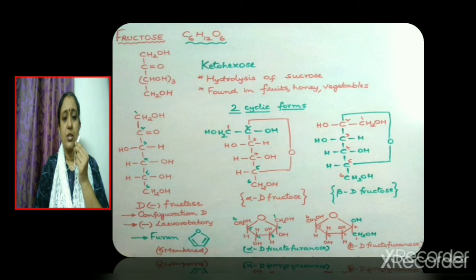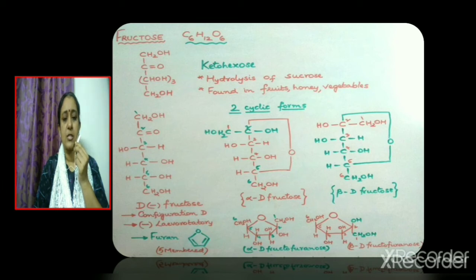By the interaction of the ketonic group and the OH present with the 5th carbon, a ring will be formed so that the 2nd carbon will be attached to the 5th carbon through an oxygen atom. So this cyclic structure is known as alpha D fructose. Note that in alpha D fructose, the OH group with the 2nd carbon is shown on the right hand side.